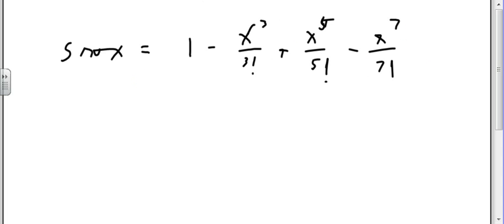Now, if I were to put in there the sine of 90, and I know the sine of 90 is 1, right?